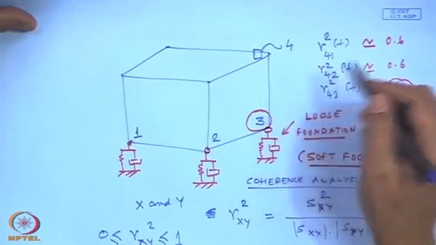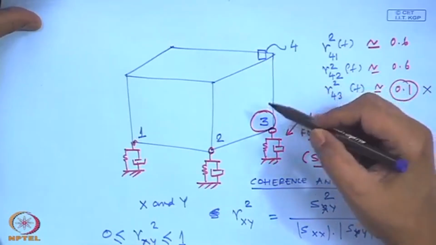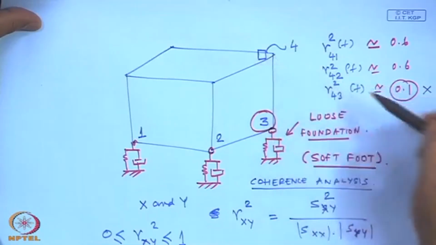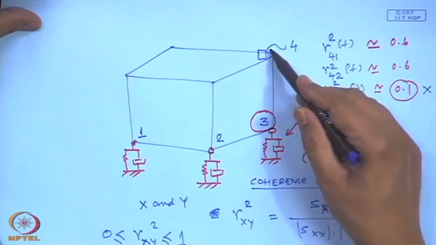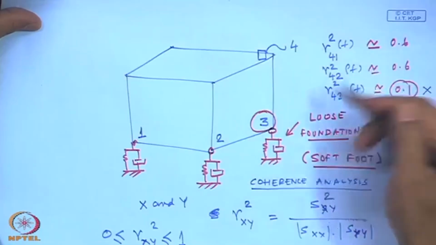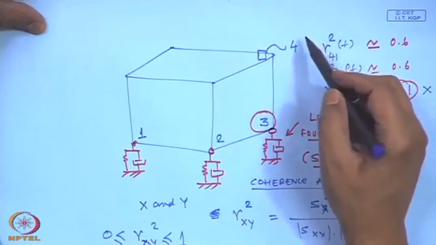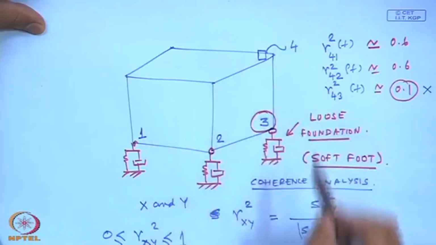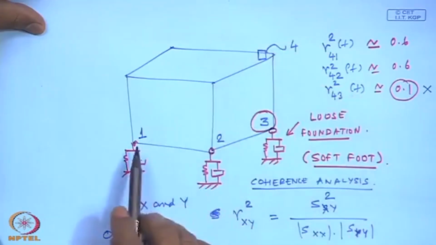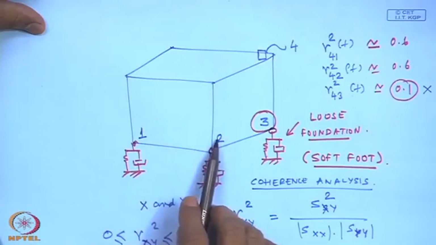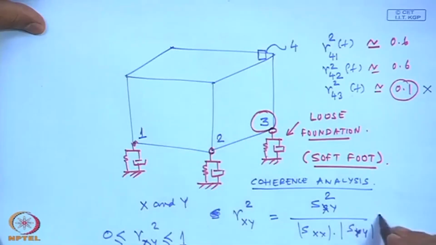So, this says the coherence function actually relates one signal to another, and you can measure them simultaneously, or you can measure them by dual channel signal analysis, one at a time. Like, suppose your x is 4, y could be once 1, once 2, once 3, and then you could be doing this computation.